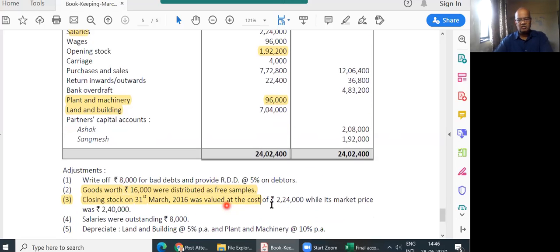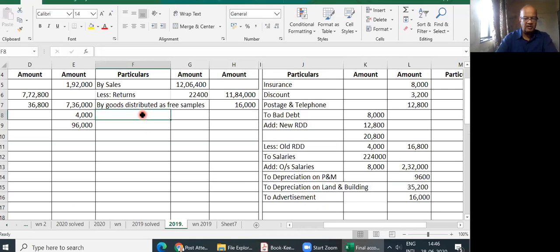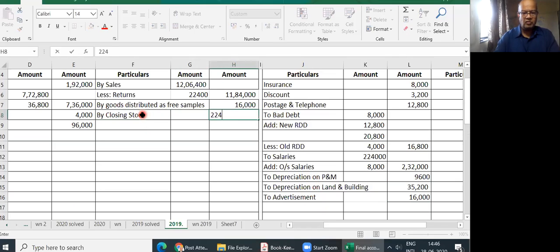And closing stock: cost 224 compared with market value, whichever is lower, we will take 224. So one effect will be trading account, closing stock 2,24,000.